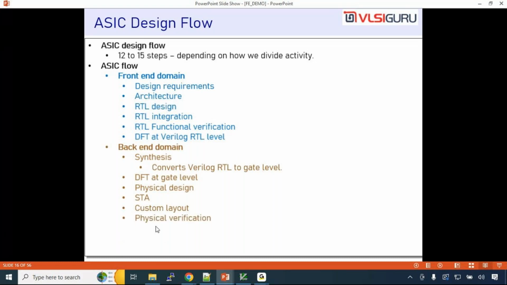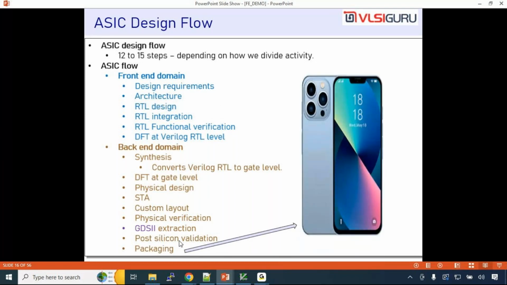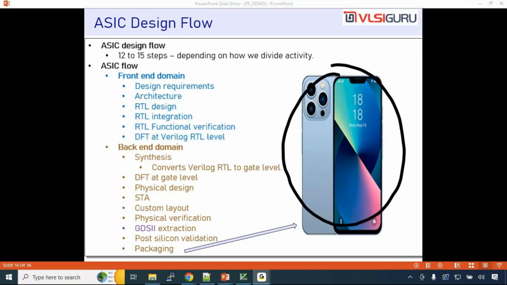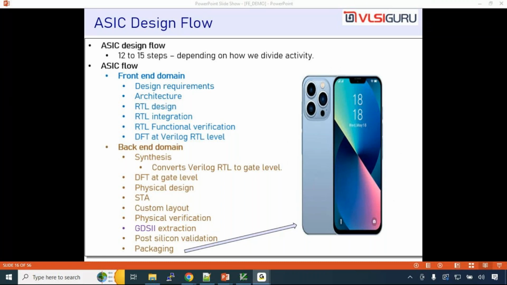Then you have physical verification, GDS2 extraction, post silicon validation, packaging. Finally, once you do packaging, you have the electronic product. Putting together everything and doing the packaging is what gives you this final thing. So what you notice here is the mobile phone which you are using went through so many phases before it came to your hand.